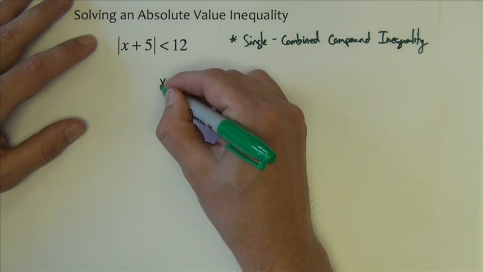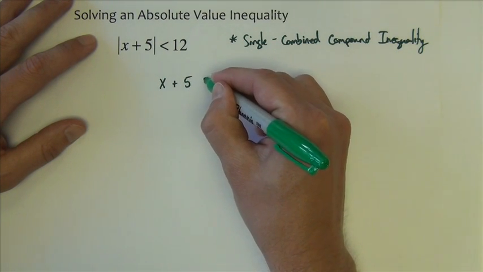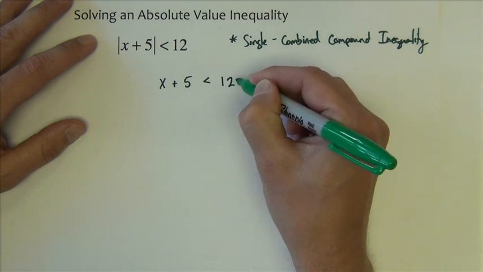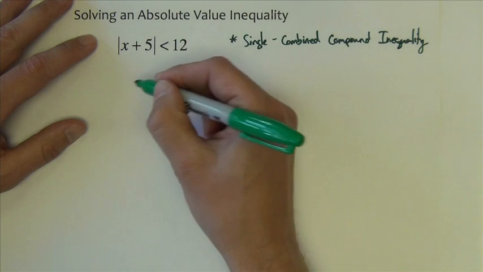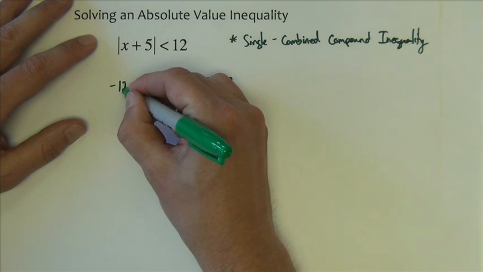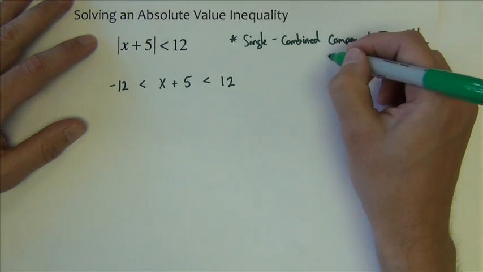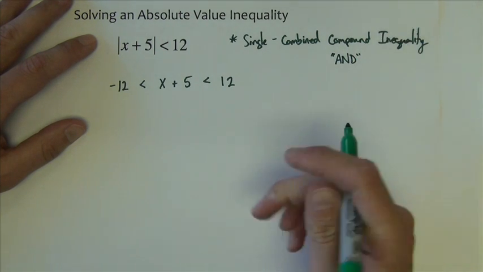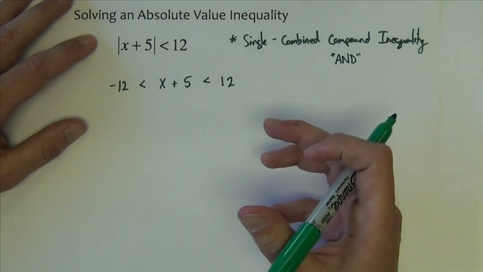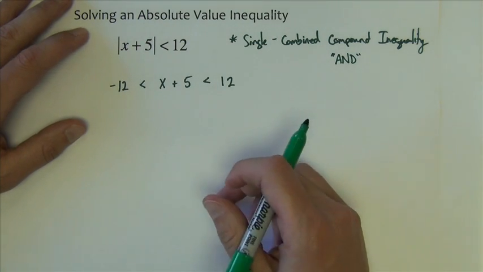The x plus 5 is less than 12 and the x plus 5 is greater than negative 12. Notice that I stressed the word and. This is a compound inequality. It's like an and statement, compound inequality.